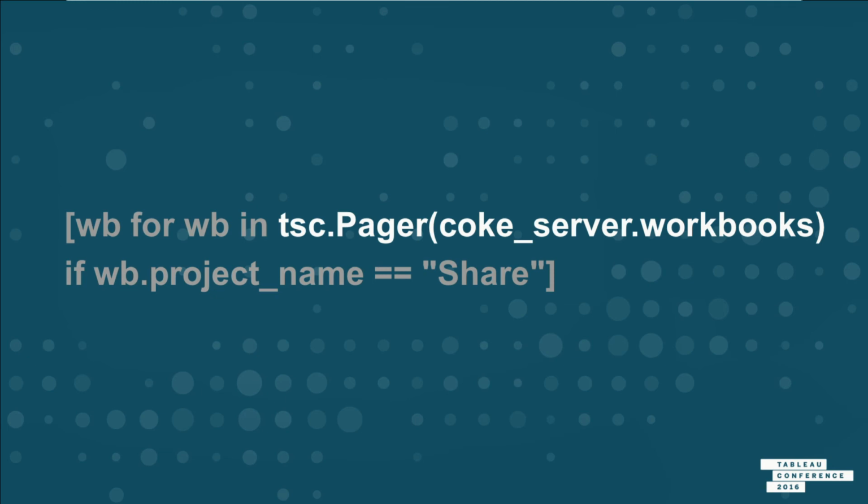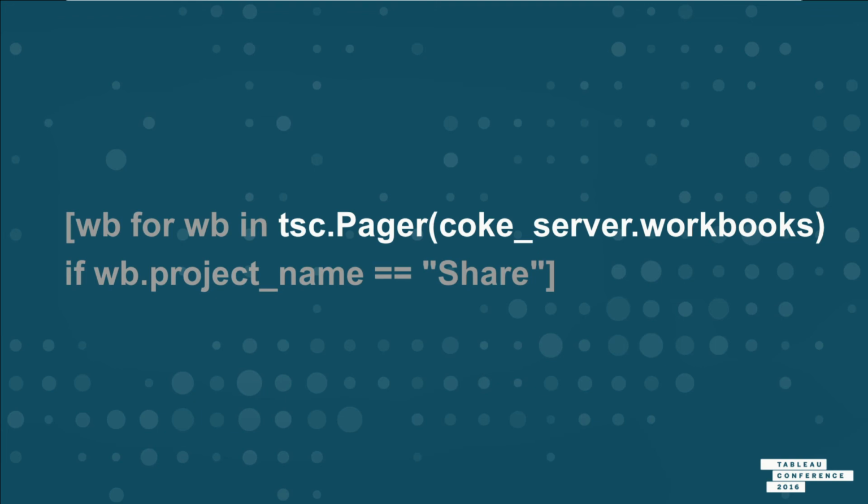First of all, we're calling the server.getWorkbooks. Sometimes that might return multiple pages. That's part of the REST API. If you have hundreds or thousands of objects, you don't want to return those all in a single request. So we paginate.